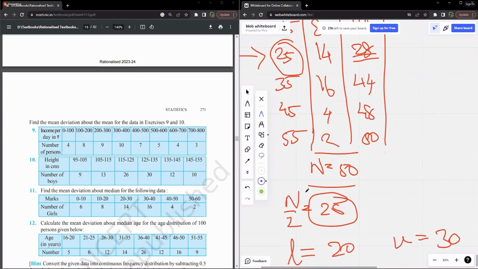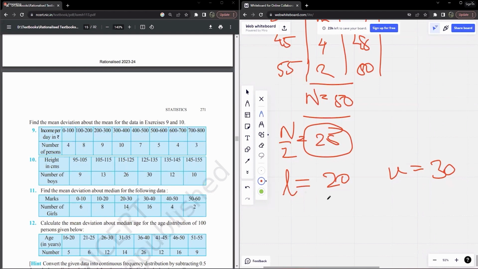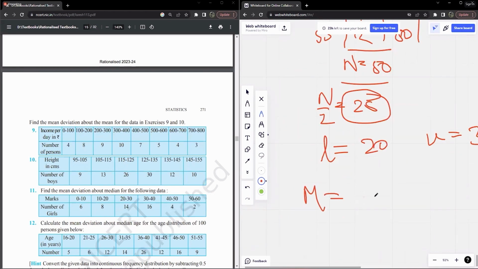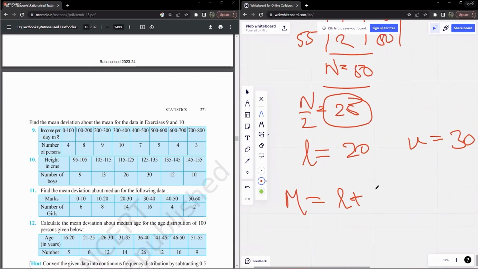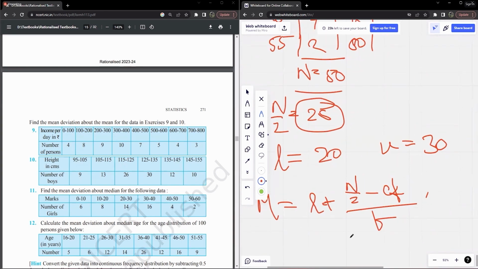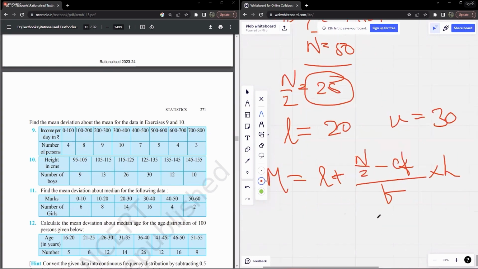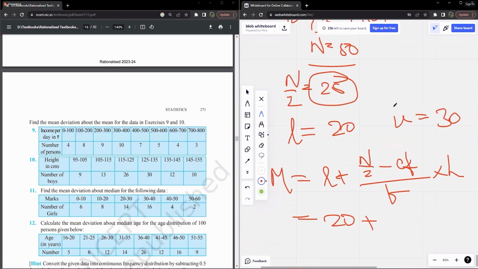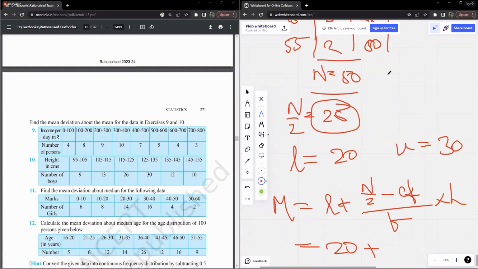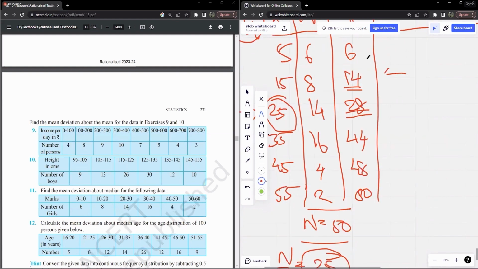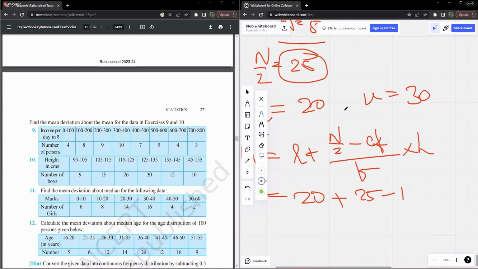The frequency of the class is going to be 40. That means from your formula, capital M is going to be equal to L plus capital N by 2 minus CF, divided by F, into H. This is going to be 20 plus, since capital N by 2 is 25, 25 minus the cumulative frequency CF of the above class, which is 14, divided by F of this class, which is 14, into H, which is 10.